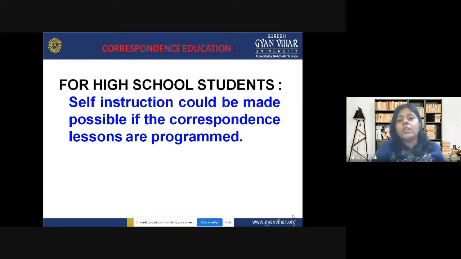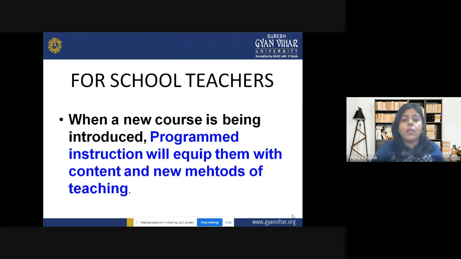Now, correspondence education. For high school students, self instruction could be made possible if the correspondence lessons are programmed. For school teachers, when a new course is being introduced, when a new syllabus, a new curriculum has been introduced, or a new topic has been added for a particular course, program instruction will equip them.